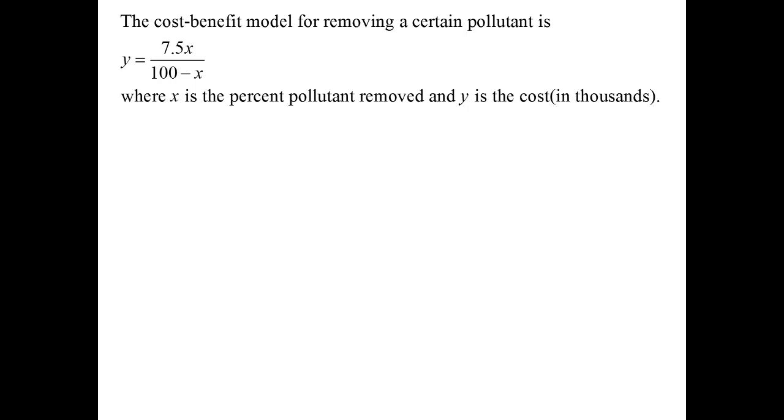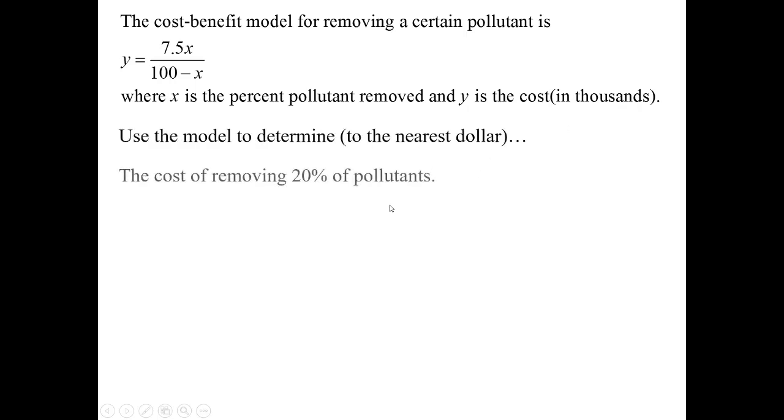Now, finally, we're going to take this function, which they say is a model for a cost and benefit of removing a pollution. X represents the amount of pollution. Y represents the cost. Notice it's in thousands of dollars.